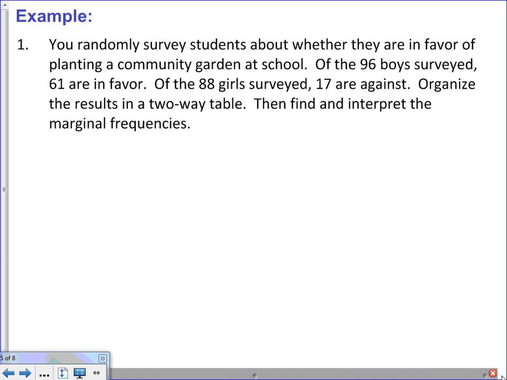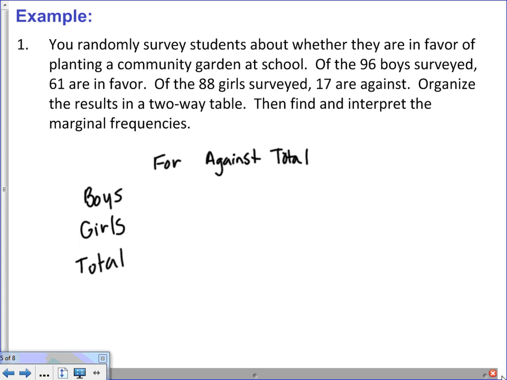People's tables can look differently. I'm going to do boys and girls, and then I'm going to add something for total. And then for my columns, I'm going to do for and against. And again, I'm going to add a column for total. So really the big thing here is remembering to add that total.